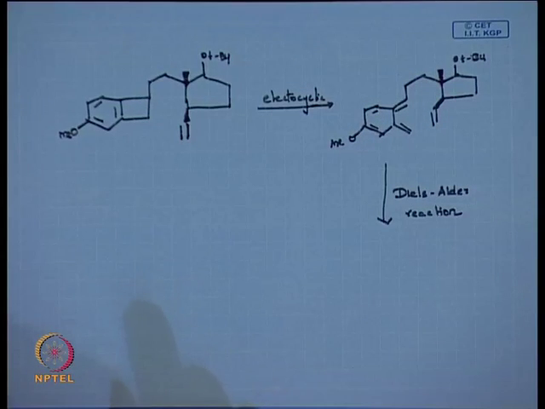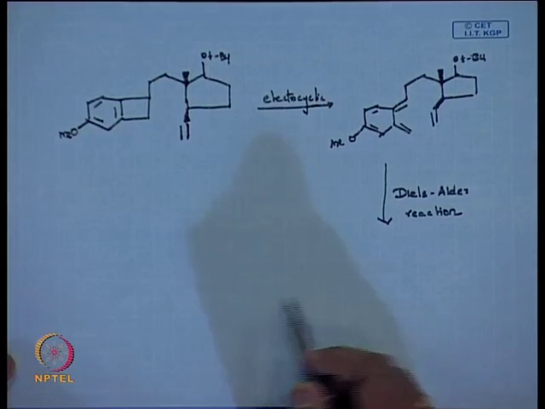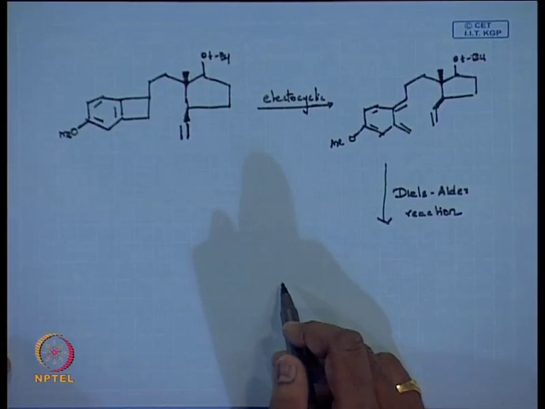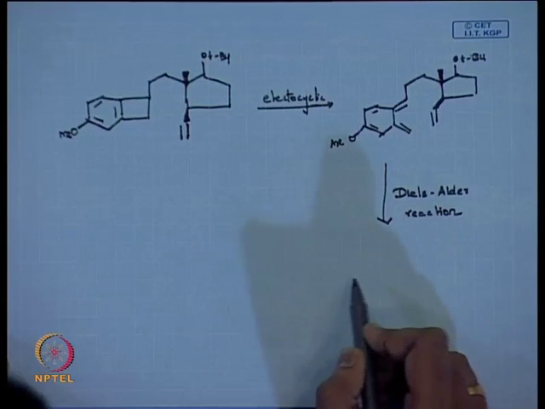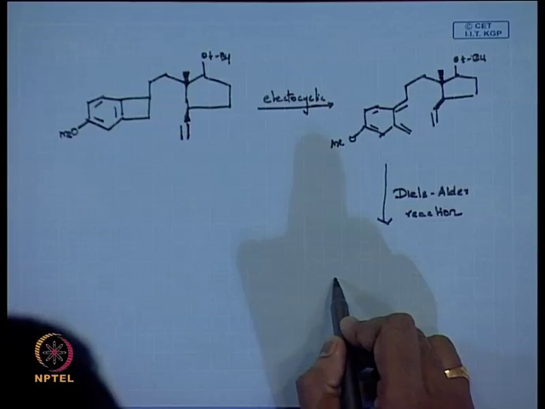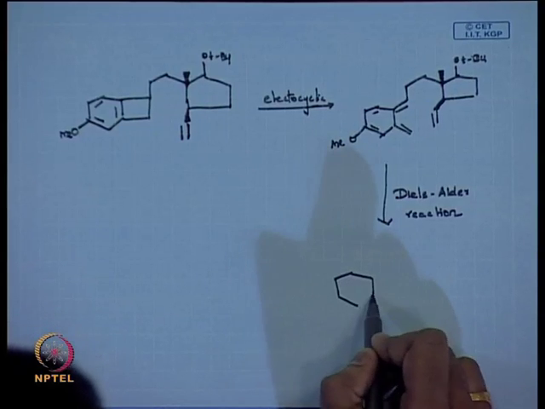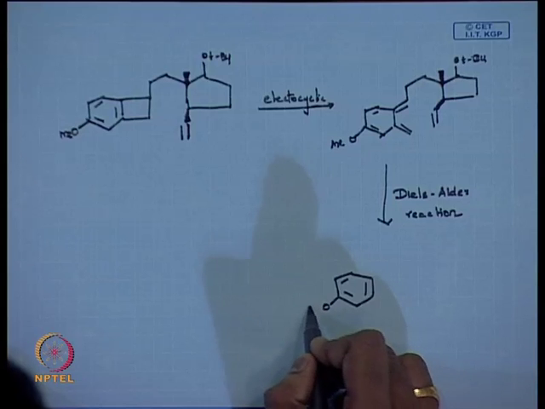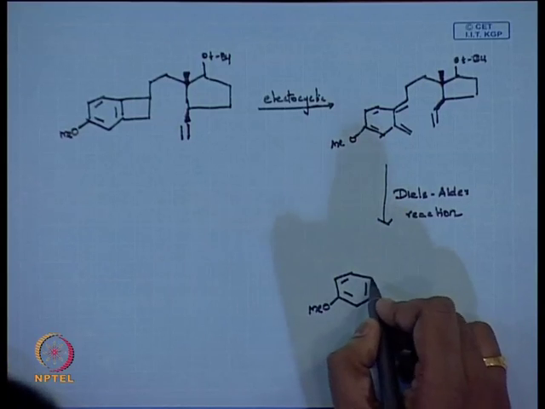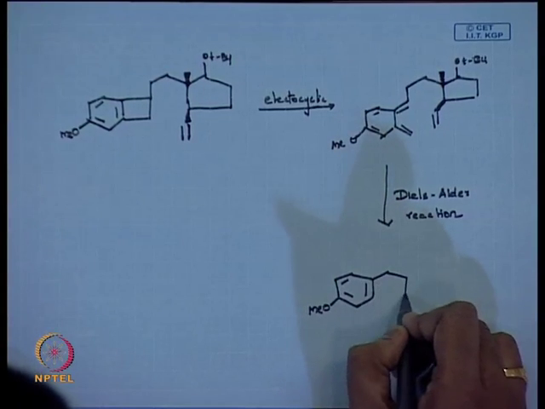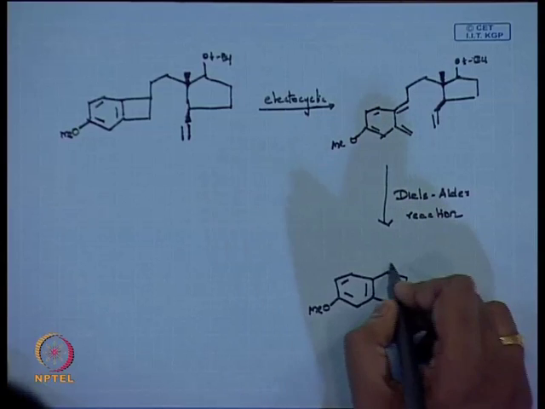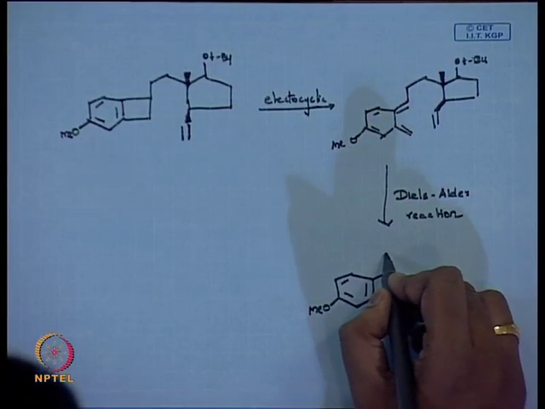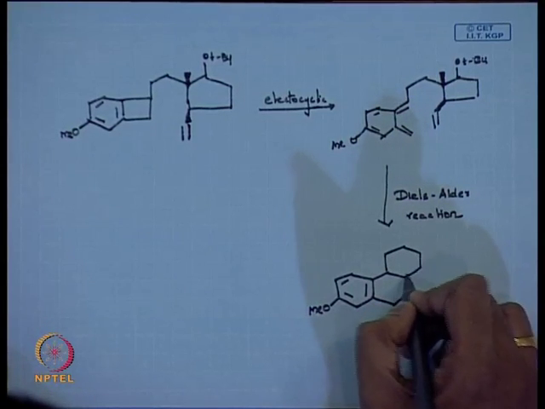So, you have to fix your stereochemistry also when you are doing Diels-Alder reactions. That is much important. That is why your pericyclic reactions are so important, because it helps you to get your stereochemistry in the right way.